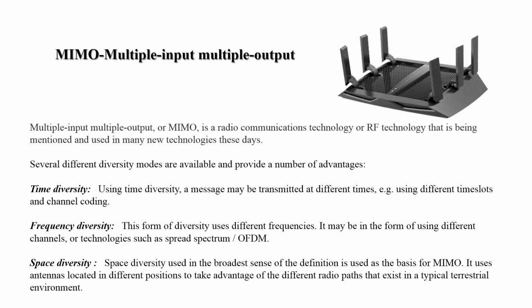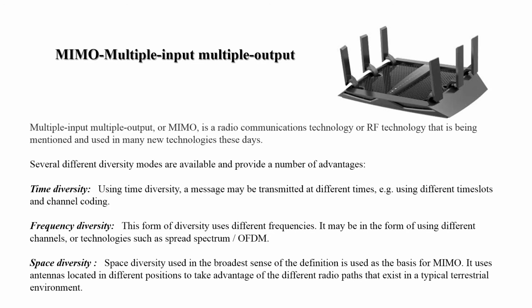The channel may be affected by fading, and this will impact the signal to noise ratio. In turn, this will impact the error rate, assuming digital data is being transmitted. The principle of diversity is to provide the receiver with multiple versions of the same signal.